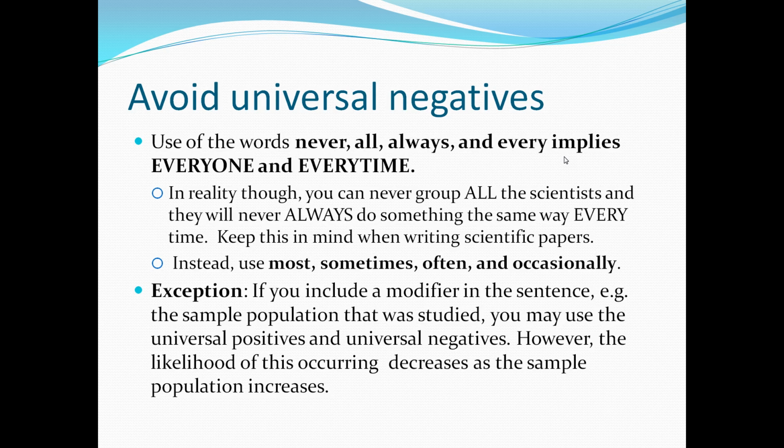If you include a modifier in the sentence, for example, your sample population gave you 100% of something, then of course you would say always. Or if your sample population gave you 0% of something, you would say never. That would probably be the only time you can use a universal negative. Instead, use most, sometimes, often, and occasionally.